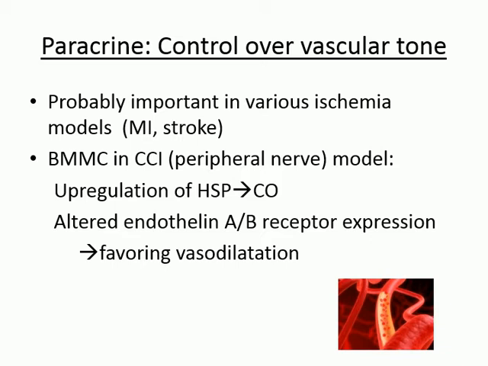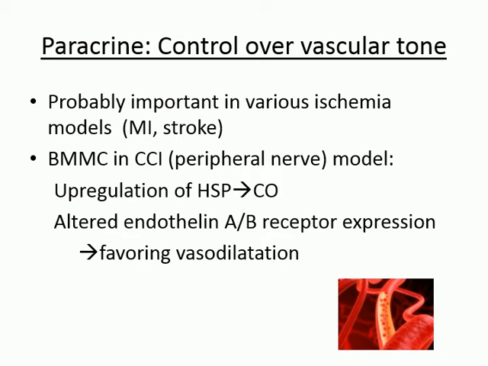That made us think about this vascular tone issue, and we started to look as well at the endothelin receptor axis and found that there was relative downregulation of endothelin A, signaling through endothelin A mediating vasoconstriction, versus relative upregulation of endothelin B receptor mediating vasodilatation.